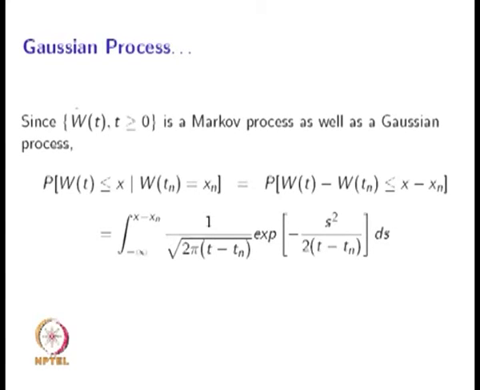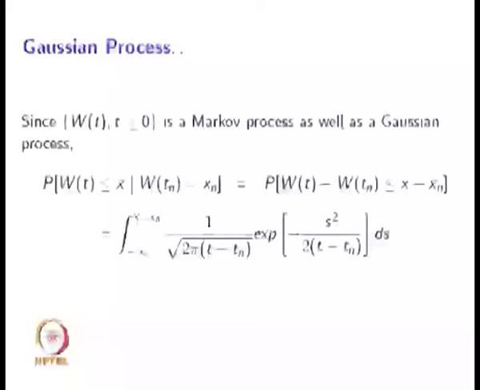Since W_t is a Markov process as well as a Gaussian process, you can write down the conditional CDF. The conditional CDF is the probability that the difference is less than or equal to x minus x_n, but since W_t minus W of t_n is normally distributed, this is the integral from minus infinity to x minus x_n of the probability density function of a normally distributed random variable with mean 0 and variance t minus t_n.